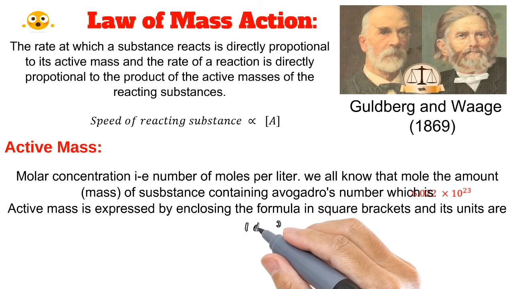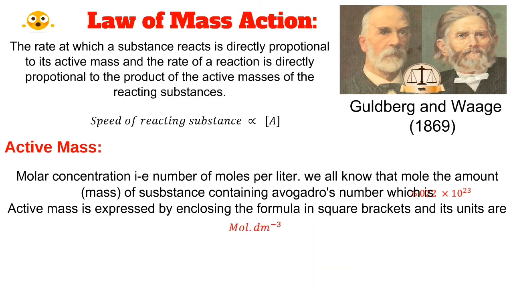Apologies for some misprinting here. Active mass is expressed by enclosing the formula in square brackets and its unit is mole per dm^3. Additionally, this law states that the speed of the overall chemical reaction is directly proportional to the product of the active masses of the reactants.